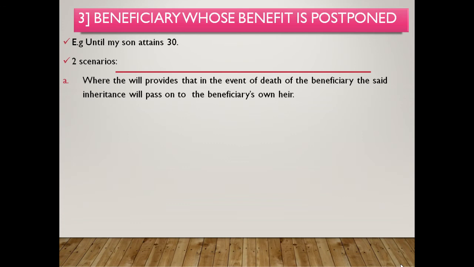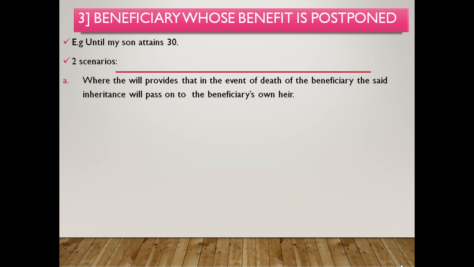So when the benefit is postponed to, say, until my son attains 30, one might ask, what if the son dies before attaining 30? Is that not a contingent right then? That's why we have two scenarios here.